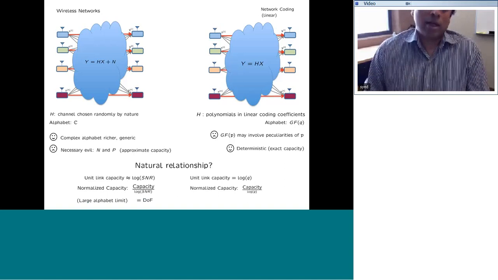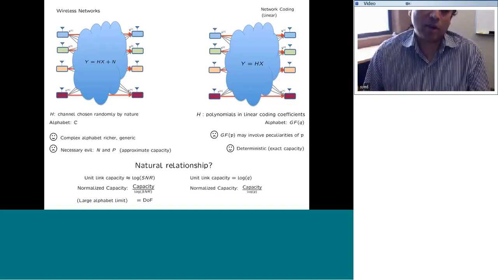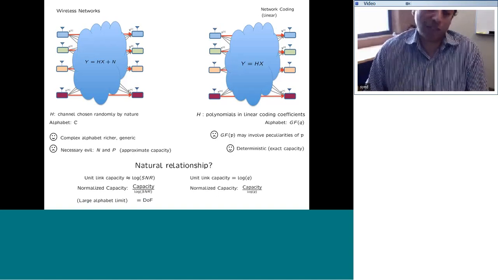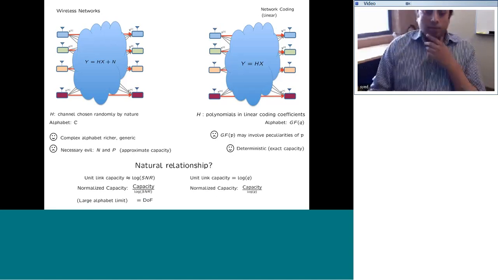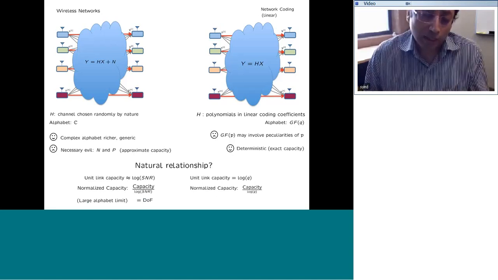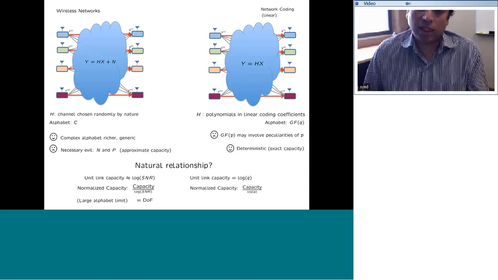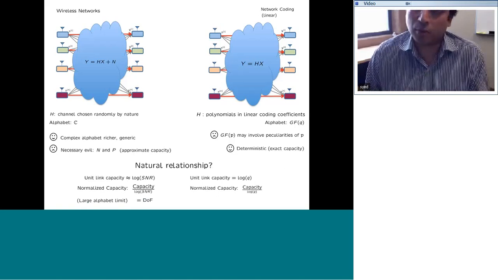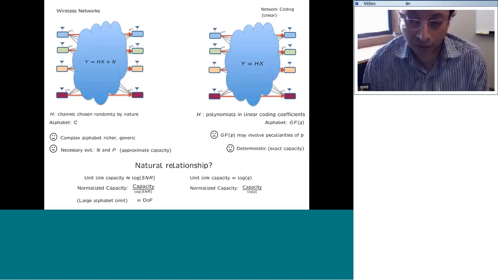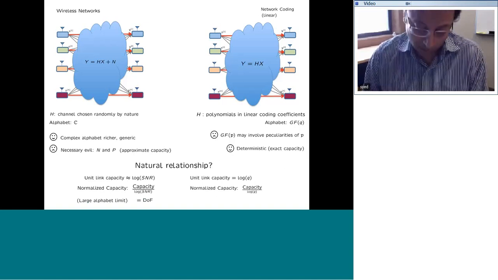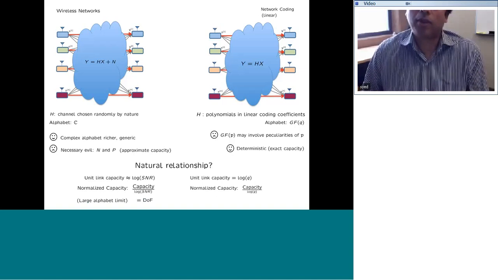You're saying, well, if the alphabet size was large enough, that is, if the SNR was high enough, then in the high SNR limit, this normalized capacity is what we call the degrees of freedom. So as we will see, in these normalized notations, the capacity of the index coding problem and the degrees of freedom of the wireless network will turn out to be the same. Not always, but most of the time. So in most examples we'll see, you will find that these two are the same quantity because they're both essentially solving the underlying linear communication network.